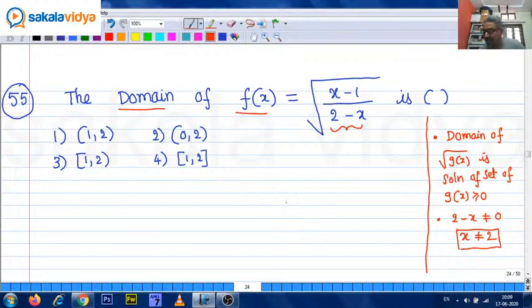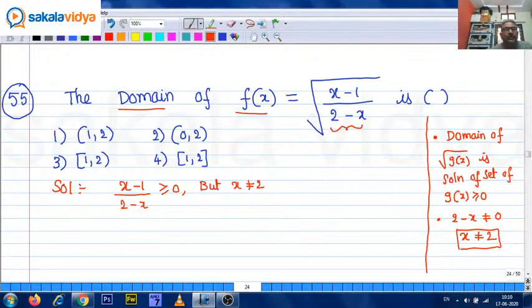Okay, let us do it now. So now the solution: (x minus 1) upon (2 minus x) is greater than or equal to 0, but x does not equal 2. You remember this condition. Next, multiply both numerator and denominator with 2 minus x.